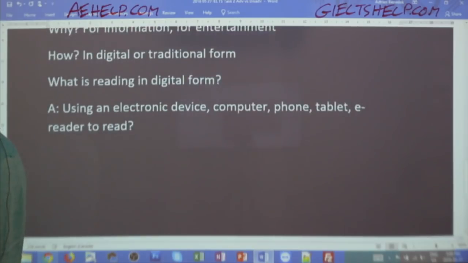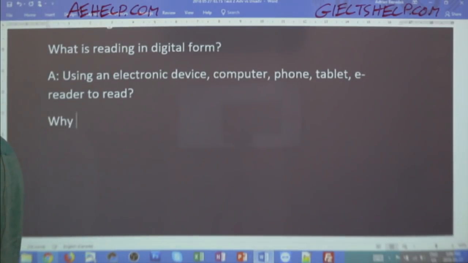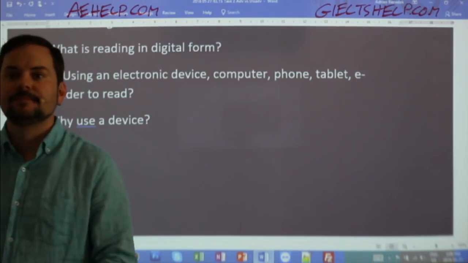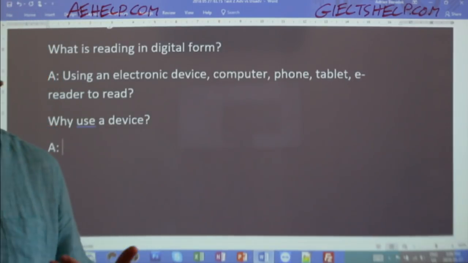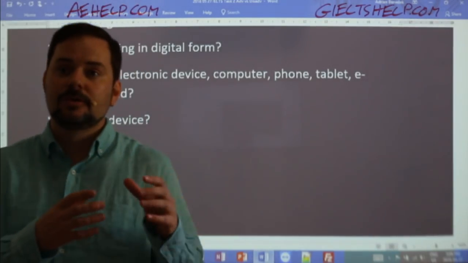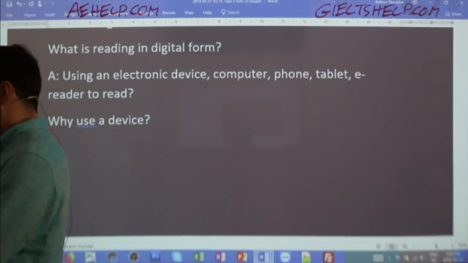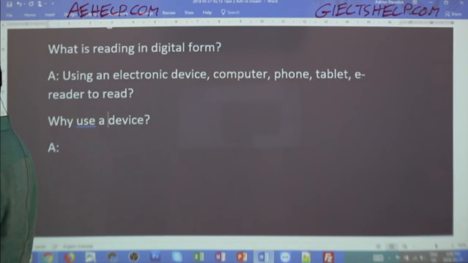Now here's the more critical question, why? Okay, so why use a device? So why do we want to use a device? Why not have a paper book? So here, the other way that you can think about this is, what are the advantages?